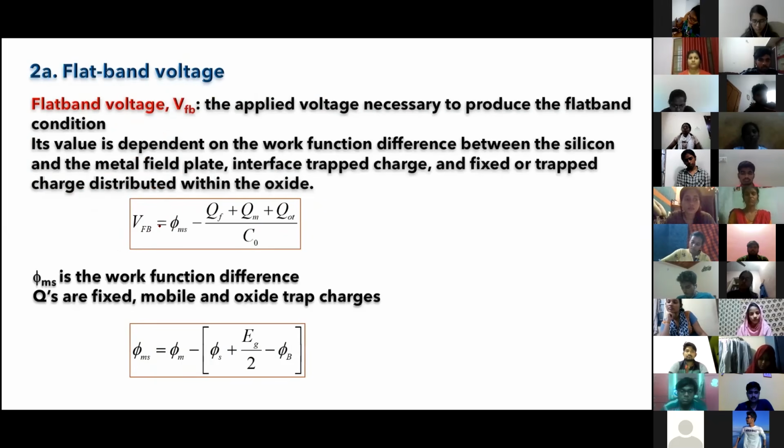Then the flat band voltage, if you want to calculate, you can use this formula, by knowing the different types of charges and the metal-semiconductor work function difference. They are defined here, and for a particular system it is different. By knowing all these parameters, you can calculate the flat band voltage.